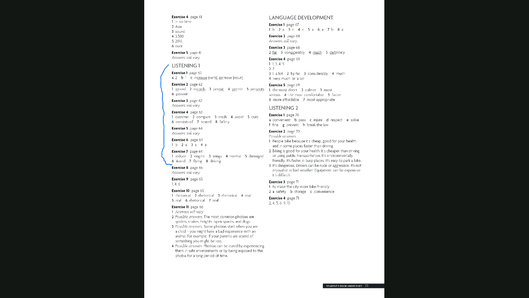And number 2, a machine called a black box records everything that the pilot and co-pilot does. Okay. Do we say record or record? Record. Yes, record. Okay, number 4, we need to underline the PER.